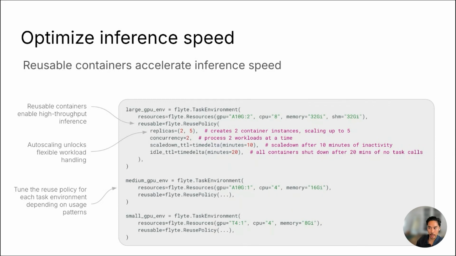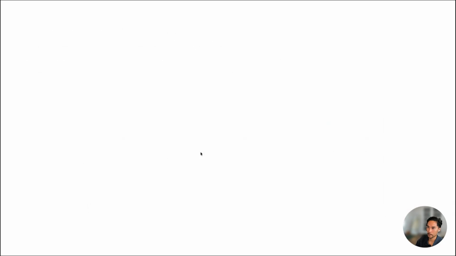But the idea remains that you would want some kind of reuse policy that allows you to auto-scale your little mini cluster as traffic increases, and keep those machines around to send jobs to so that you are maximally utilizing that hardware. And once there's a 20-minute idle time, according to this example, everything will scale down to zero. Back to the cost point, you're not wasting idle GPU time.